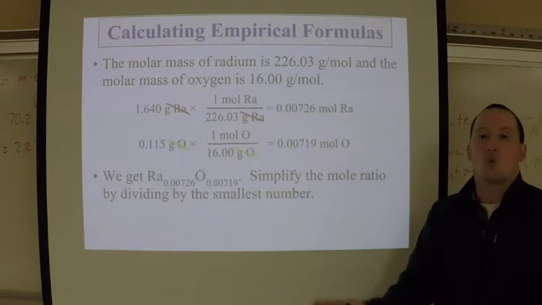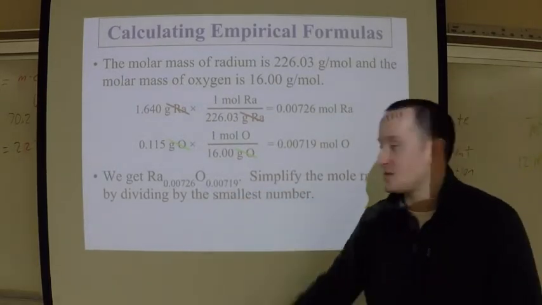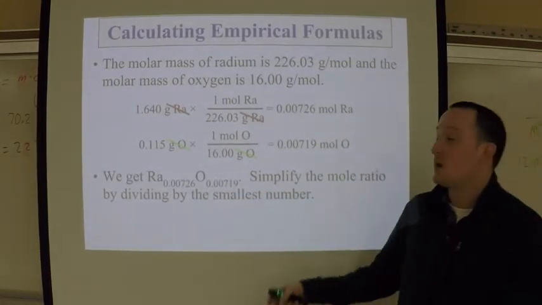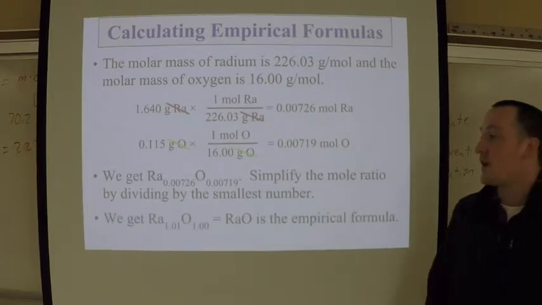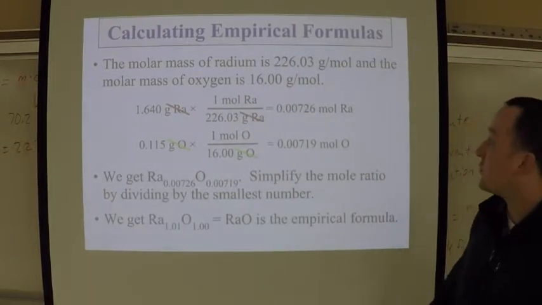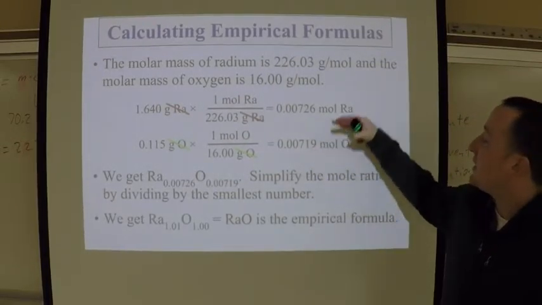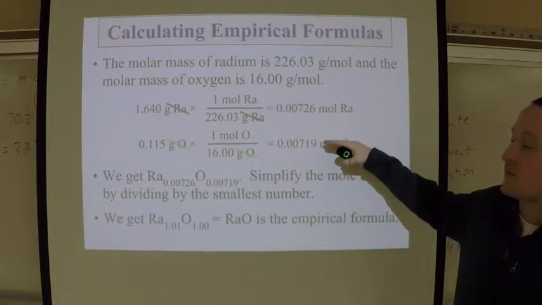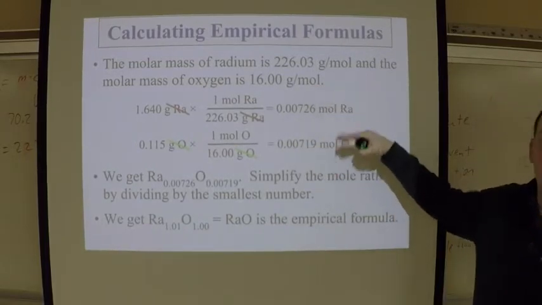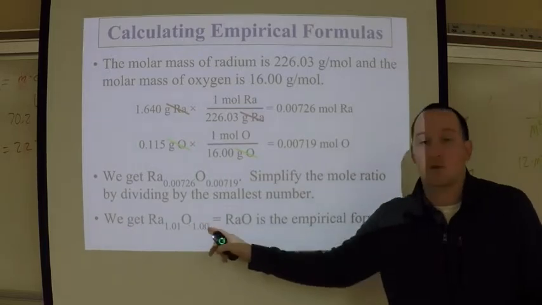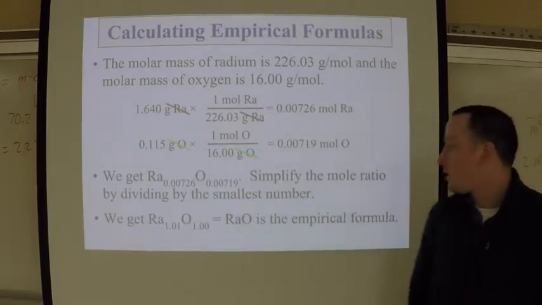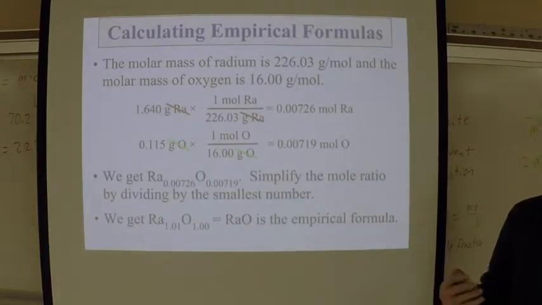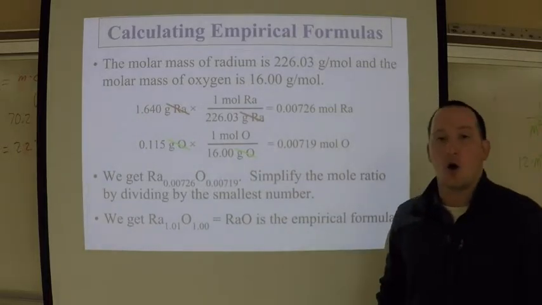Now, we don't write it like that with those tiny decimal numbers. But what we can do is divide by the smallest number. So we take 0.00719, divide both of those numbers by it, and we get relatively 1, the same number, which means the empirical formula of radium oxide is RaO.